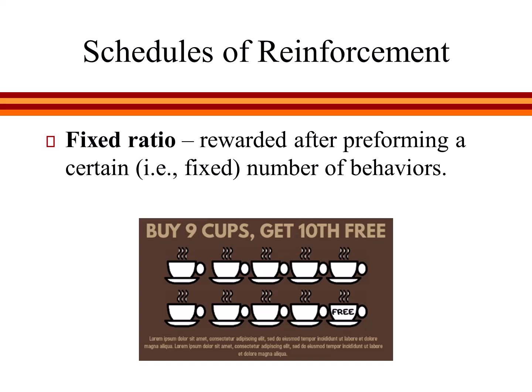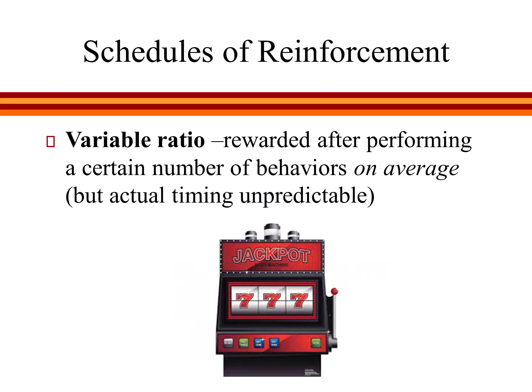In a variable ratio schedule, you are still rewarded based on the number of times you perform a desired behavior. However, because the schedule is now variable, the timing of that reward is no longer fixed or predictable. Instead, you might be rewarded for performing the behavior on average a given number of times, but you never know for certain exactly when a reward is coming. A slot machine is an example of a variable ratio schedule of reinforcement.